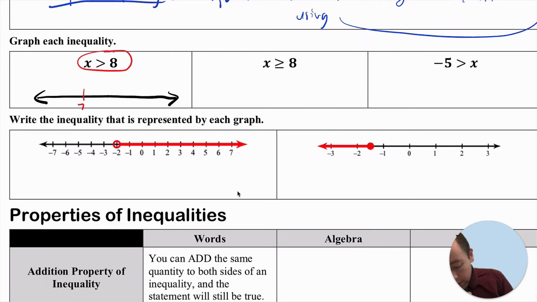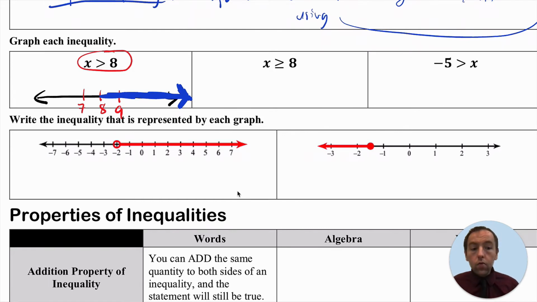So if this is where 7 is, and 8 is, and 9 is, then all of the numbers that are greater than 8 are going to be all of these numbers right here, right? So I want to shade that, and it's going to go forever towards infinity. So you want to make sure you signify that with an arrow to say that it's going to go forever. Now, if we're only talking about numbers that are greater than 8, then we cannot have x actually be 8, and we need to show that visually.